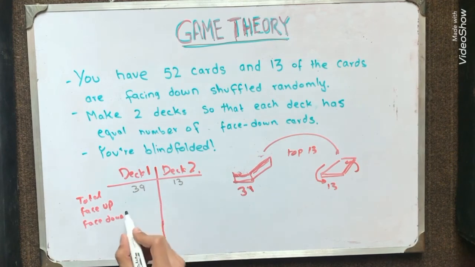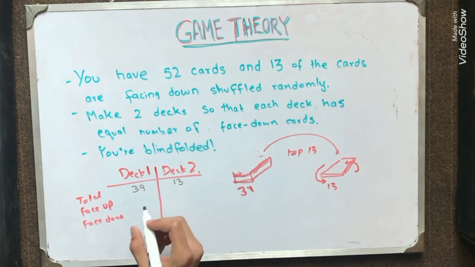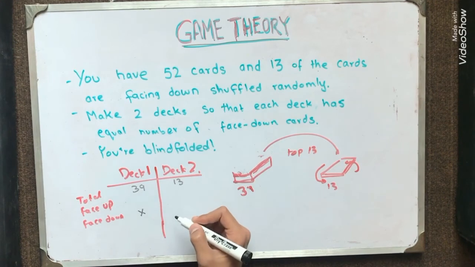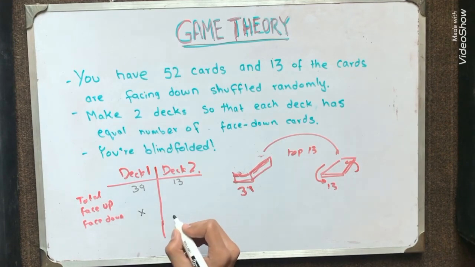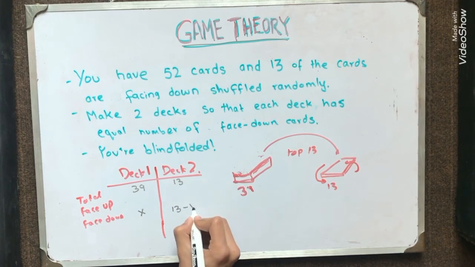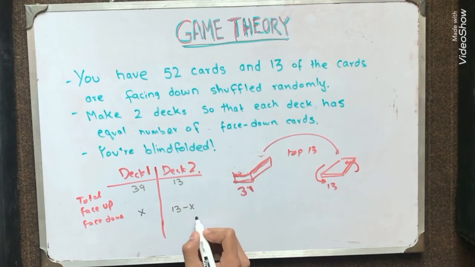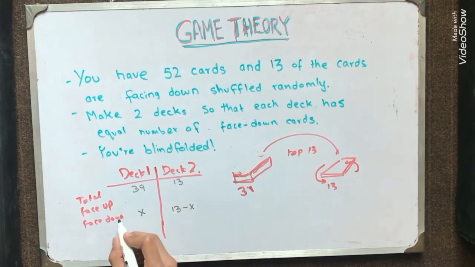The face up cards in deck 1, I'm going to leave for a while and just talk about the face down cards in deck 1. Let's suppose they are X. The total number of face down cards in deck 2 has to be 13 minus X, because there were 13 in total and X of them are in deck 1, so 13 minus X are going to be in deck 2. What about the face up cards?